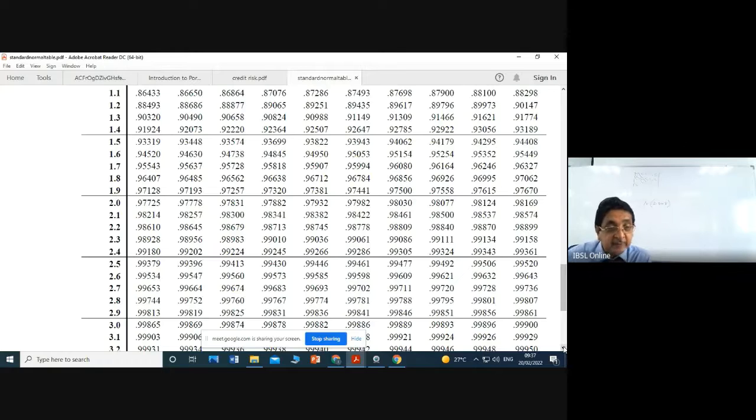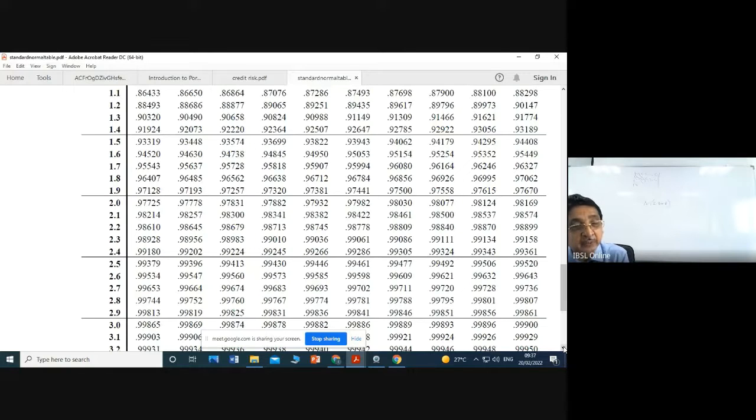The only thing is this has 3 decimals, but the table deals with only 2 decimals. So you need to think a little.